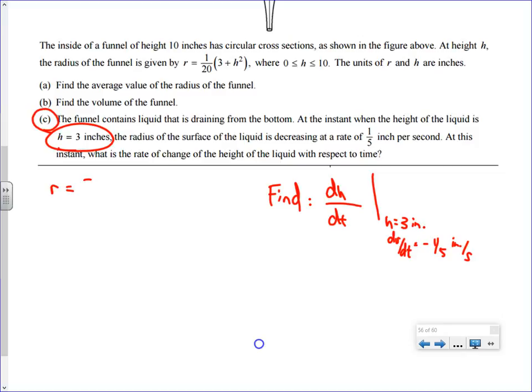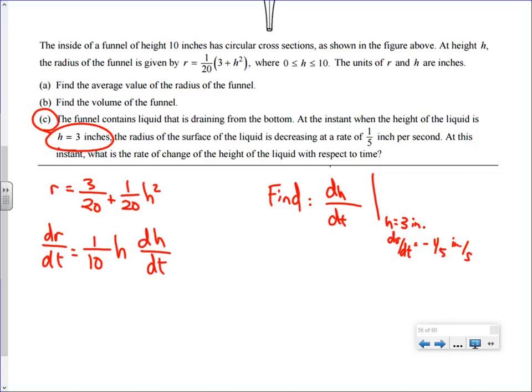If you want, you could go ahead and rewrite it first as 3/20 plus 1/20 h squared, and then take a derivative, so dr/dt is equal to 1/10 h dh/dt, which ends up being dh/dt is equal to multiply up the 10, divide the h, times dr/dt, which at this instant would equal 10/3 times negative 1/5, which would be negative 2/3.